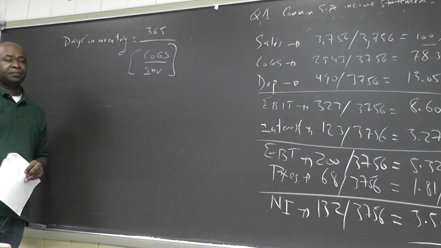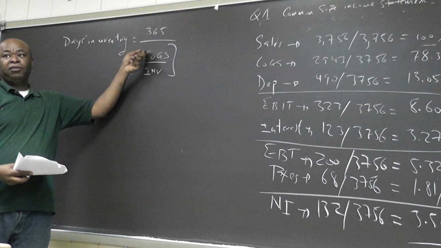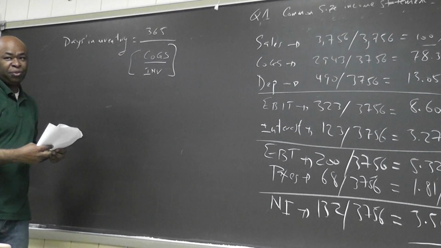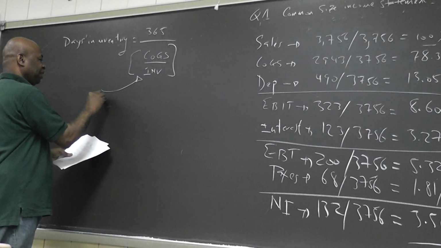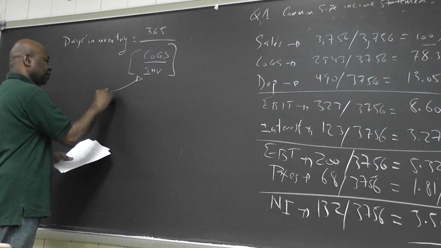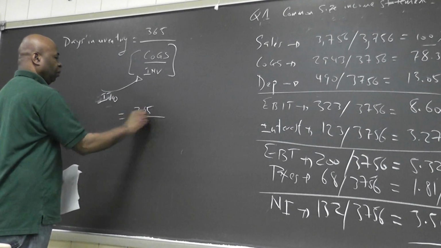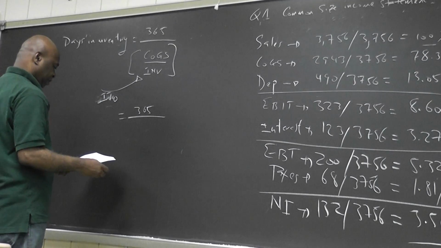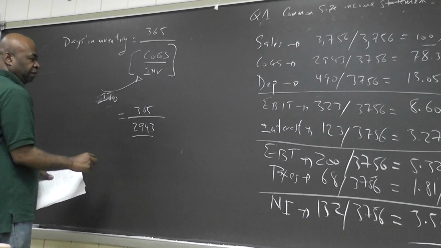It's 365 divided by cost of goods sold over inventory, because it is 365 divided by the inventory turnover. Got it. That's my inventory turnover, right? So therefore, you get 365 over 2,943.43 divided by 368.